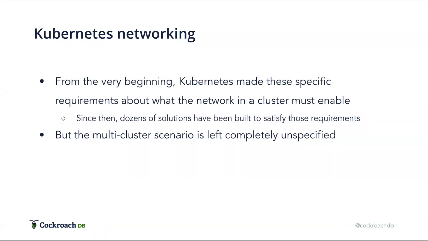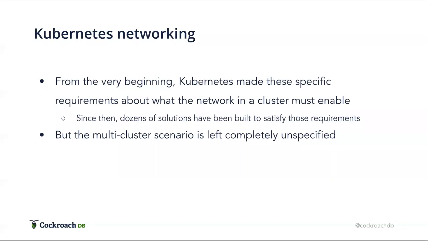And because the multi-cluster scenario is left completely unspecified, all those little implementation details of the different networking solutions become really critical because they aren't trying to provide any sort of guarantee about how multi-cluster works. So the way that multi-cluster works is completely left up to the implementation details.